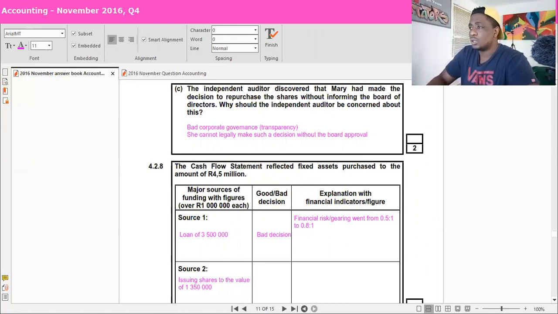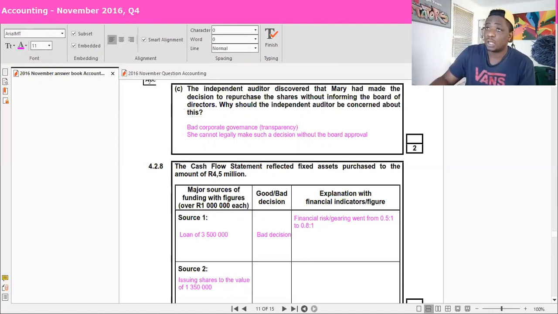Cool. You can see here that the business is using, for every 1 rand that they have in equity, 80% of that in liability. So the business is operating at a very high risk, and if the business does not achieve its objectives with the assets that it acquired, then it can be very difficult to pay back all those shareholders.